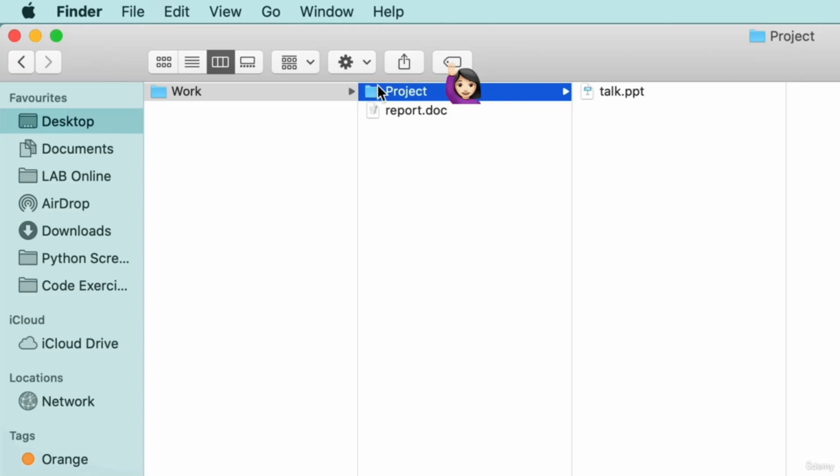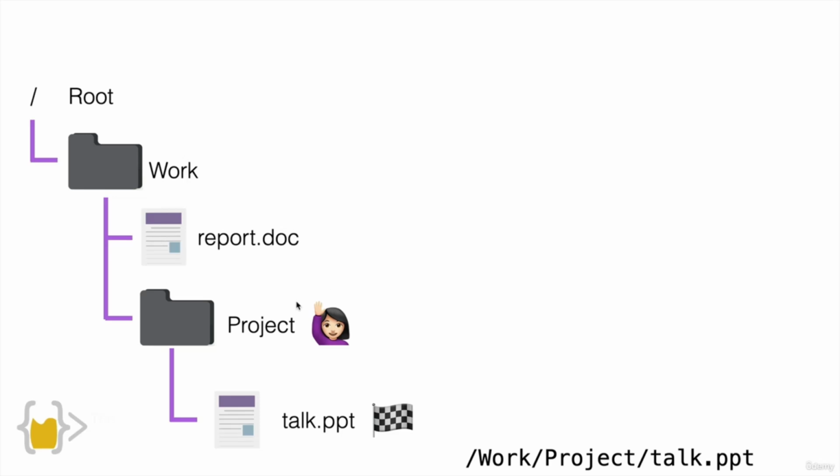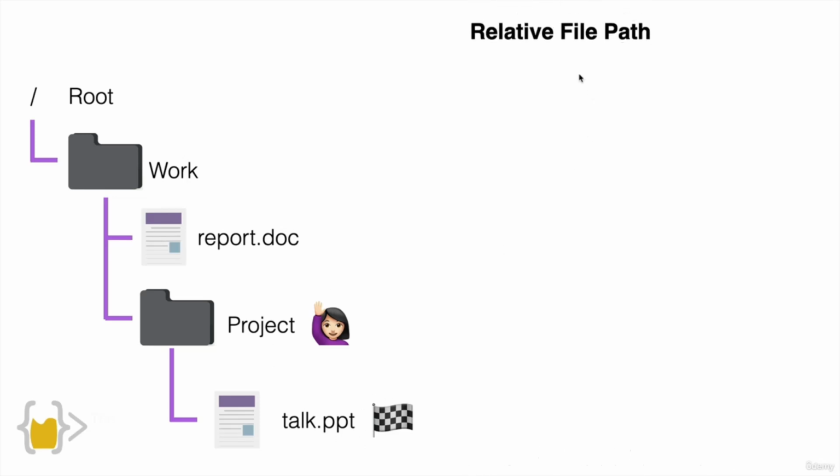And once we've established a working directory, say that we are right here, then we can use what's called a relative file path to get to a file that we're interested in. So given that we're here and we're trying to get here, the relative file path is simply just /talk.ppt. The / signifies look in the current folder for this file.